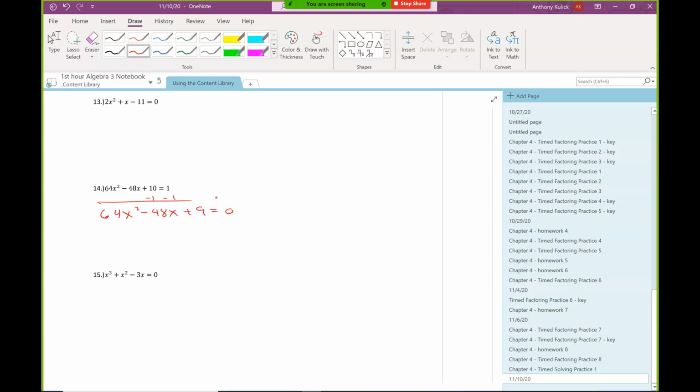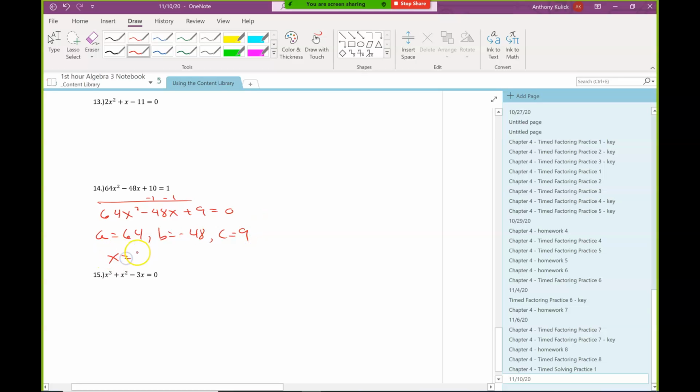So Megan, the first thing I need to do, if I'm going to use the quadratic formula, which is what the directions say to do, is it has to equal 0. So that's my first step. Good with that? And then I'm going to apply the quadratic formula, so I know that A is equal to 64, B is negative 48, and C is 9.